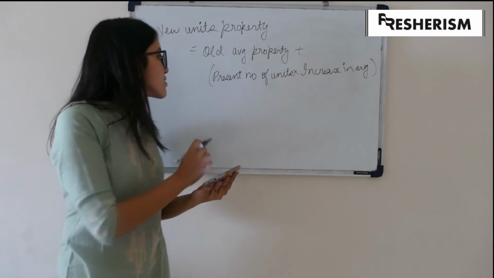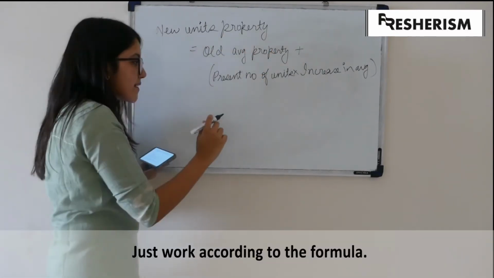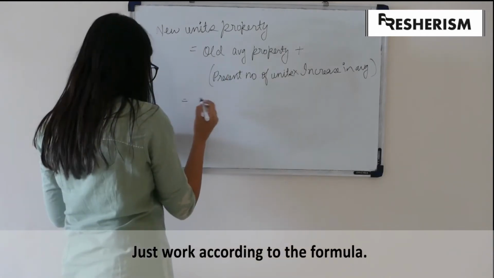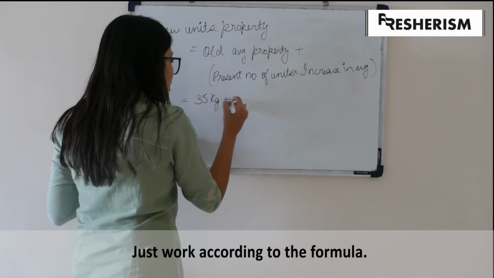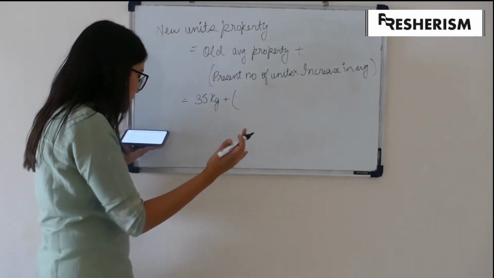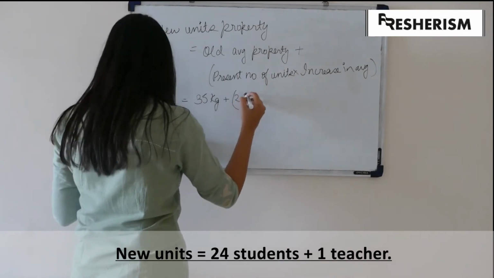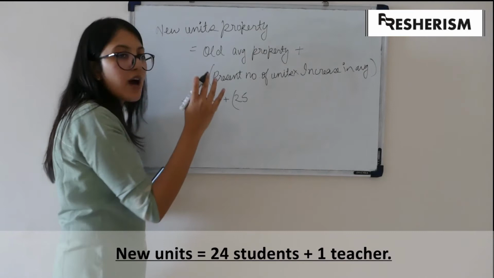Now let us come back to this formula of ours. Here we need to find the teacher's weight. Our old average weight was 35 kg and the present number of units, that is the present number of students, is 25 because we also consider the weight of our teacher.